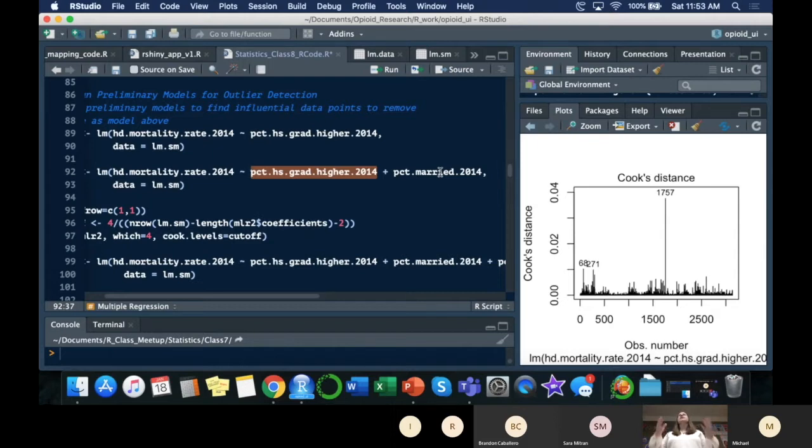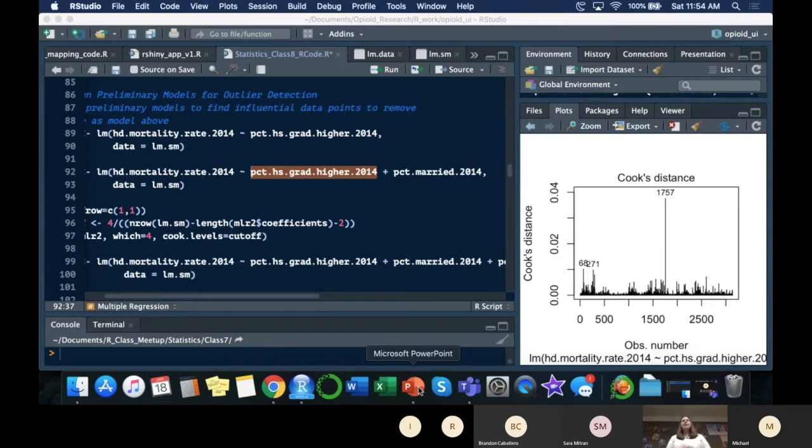So the coefficient is looking at basically the independent effect of that variable alone when controlling or accounting for everything else in the model, is how you can think of it. So you've heard the thing controlling for X variable. That's what that means in practice. We're pretending percent married is constant, and then we're finding that relationship between the education and the mortality rate. So that's one way of thinking of it.